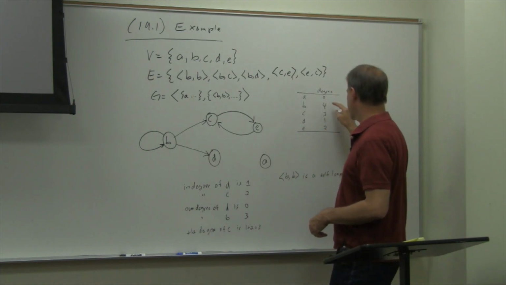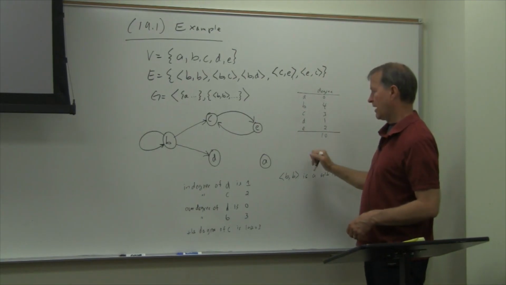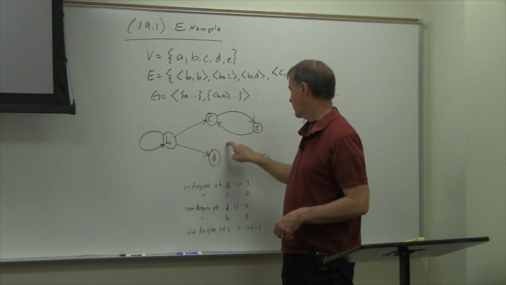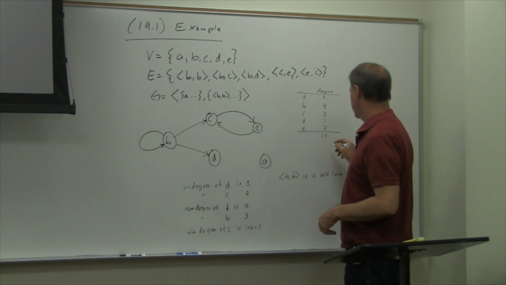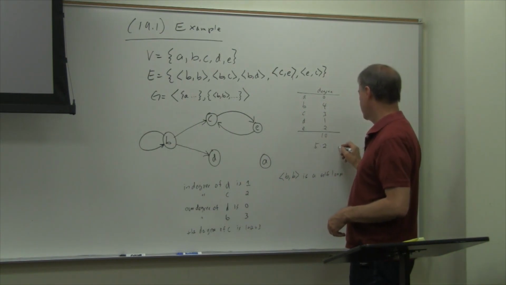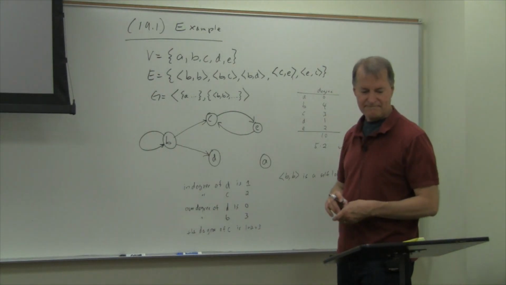Let's add this up. 4 plus 3 is 7, 8, 9, 10. That's 10. And the total number of edges? 1, 2, 3, 4, 5. 5 times 2. It checks. Are we good?